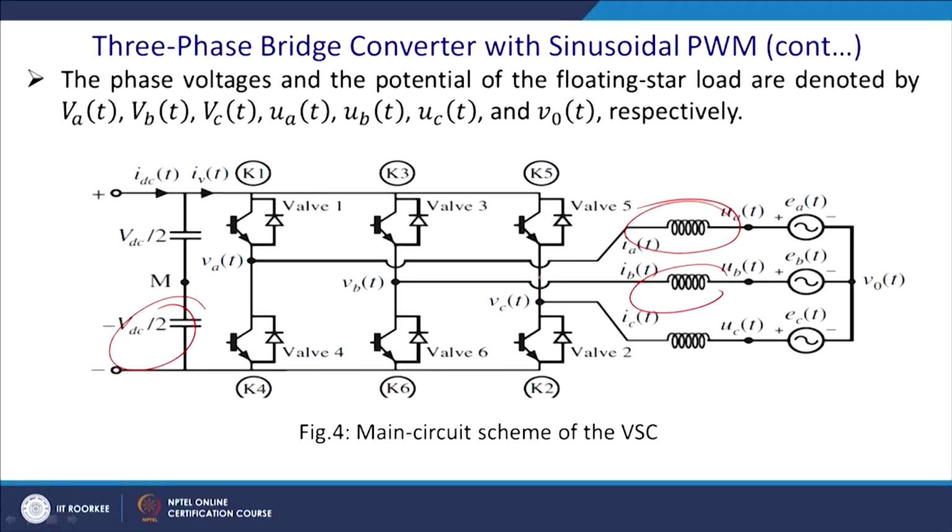The phase voltages and the potential of the floating star load are denoted by VA, VB, VC and UA, UB, UC and V0 respectively, that you can see in the different parameters indicated. This is UA, it is VDC and all those things, and this point is the terminal voltage.